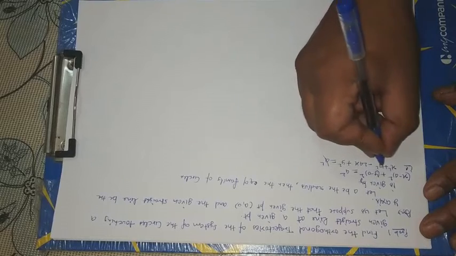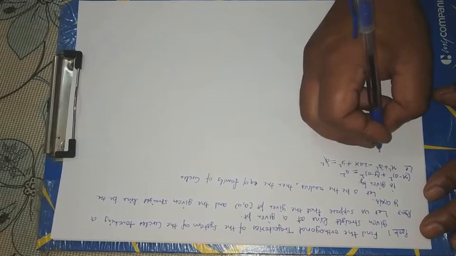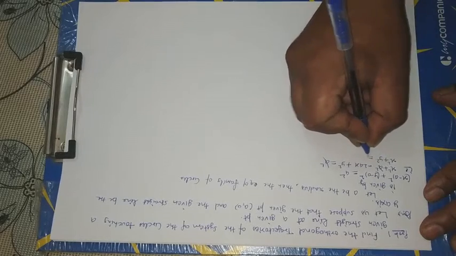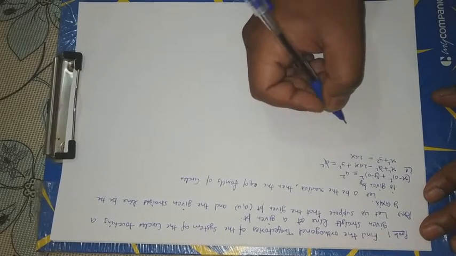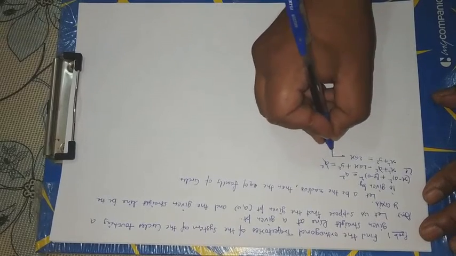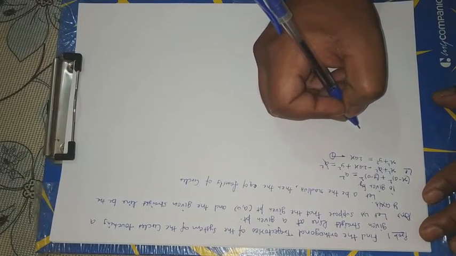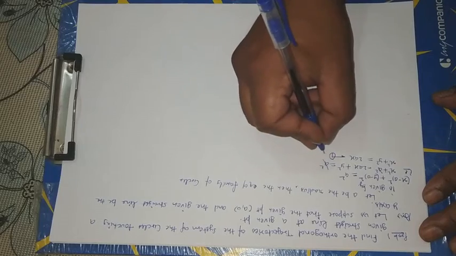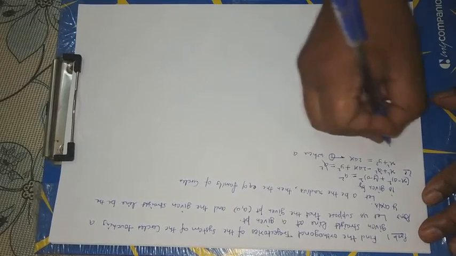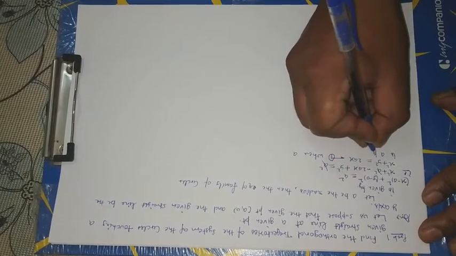Now a square cancels with a square, that is we get x square plus y square equal to 2ax. This is the equation of the family of circles, where a is a parameter.